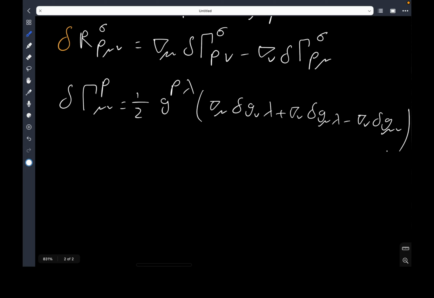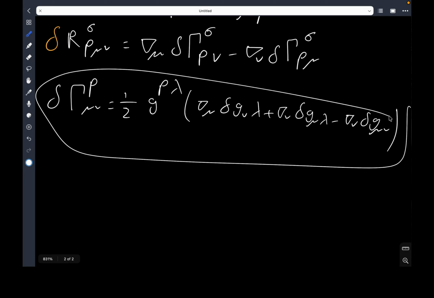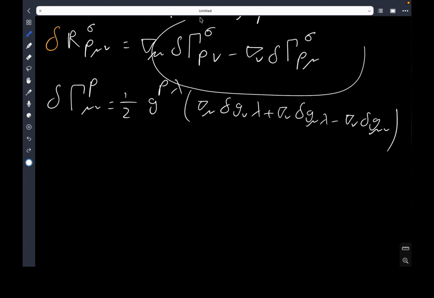So this is just an identity, and we can plug in the Christoffel symbols here to get a new identity.